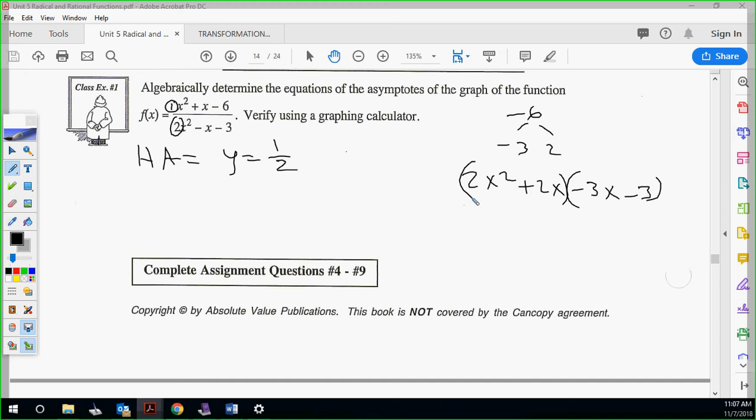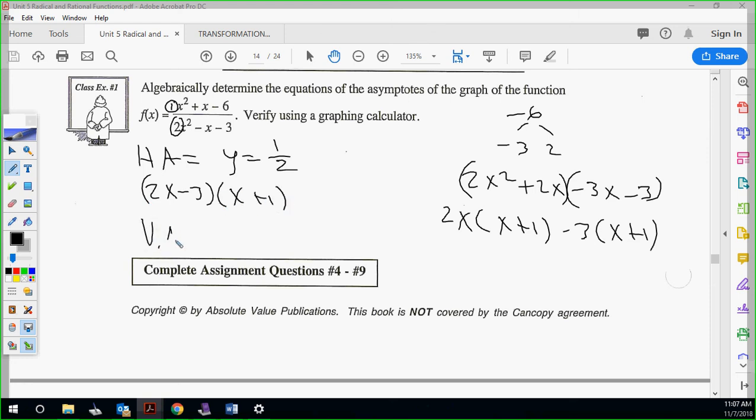You can factor however you factor. This is how these AVP workbooks teach it. It's simply the AC method, which is widely used for factoring when the number is not 1. So now we pull a 2 and an x out. We get x plus 1. Pull a -3 out, x plus 1, and we have it factored. So the bottom is (2x minus 3)(x plus 1).